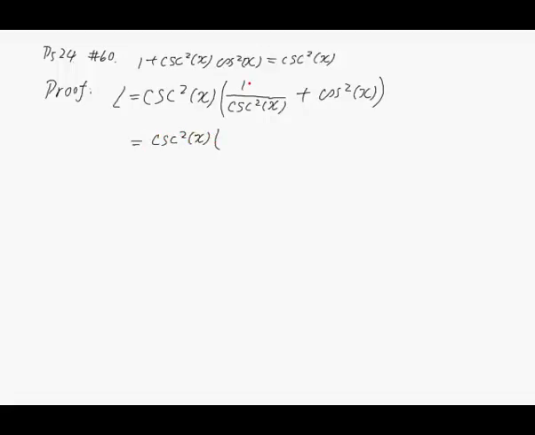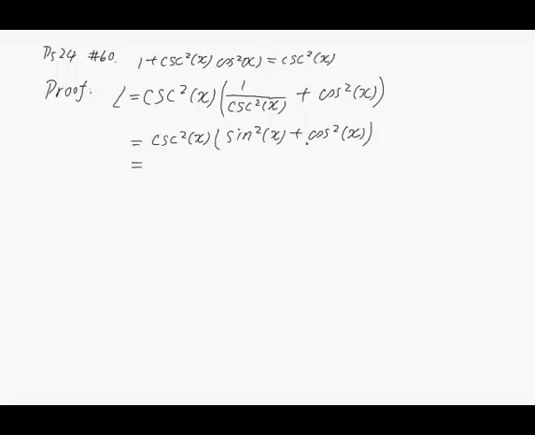So now, this one, we may use the reciprocal identity. We know this 1 over cosecant square of x is equal to sine square x, right? So using one of the reciprocal identities, you get the sine square x and then plus cosine square x. Now you can use the fundamental identity.